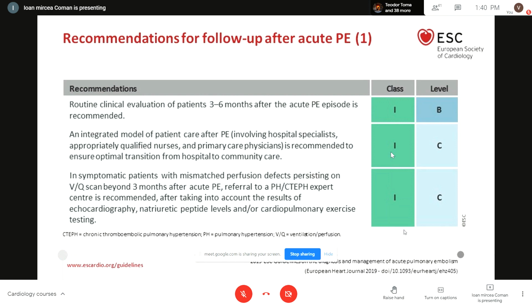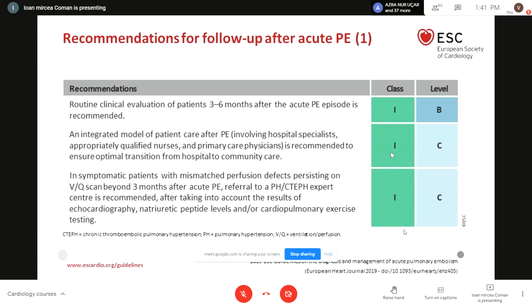Having the basic information about pulmonary embolism is important for you because just 3 or 5% of you will be cardiologists. But these patients, in the acute phase, can be met wherever, in the street, in the cabinet of a family doctor, in surgery, in orthopedics, in gynecology.